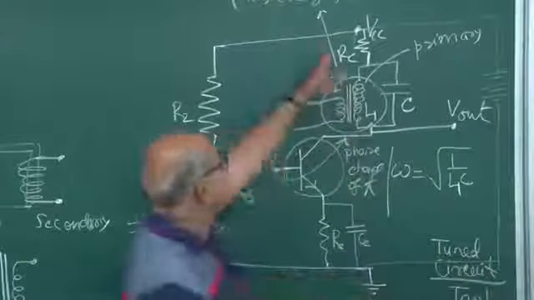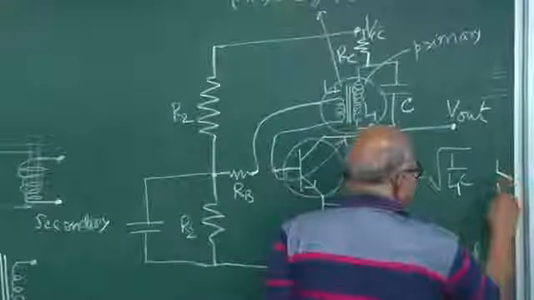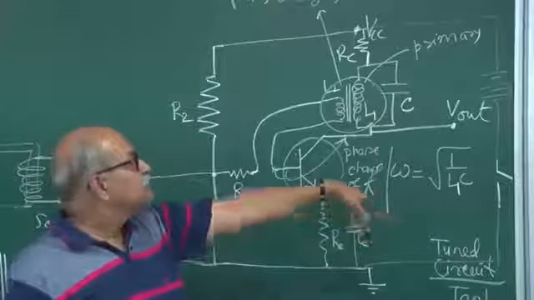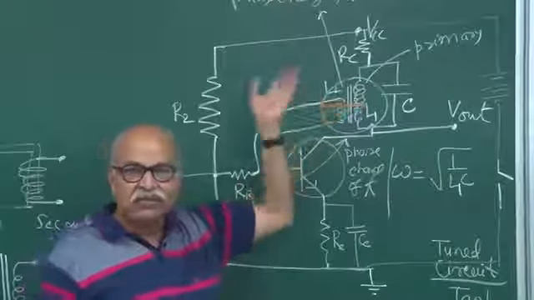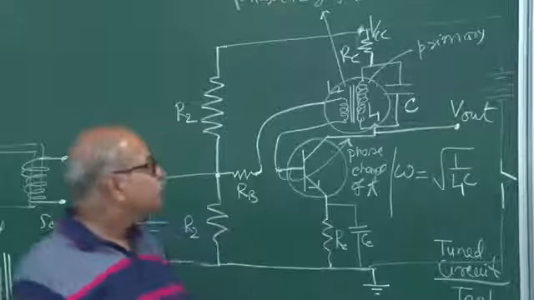That's the meaning of this VCC. So if this switch is not closed, this battery is ineffective, and there is no current, no biasing, this is just on the table.